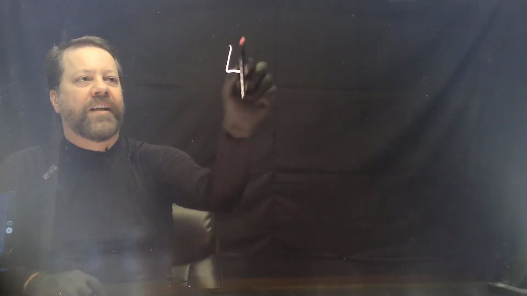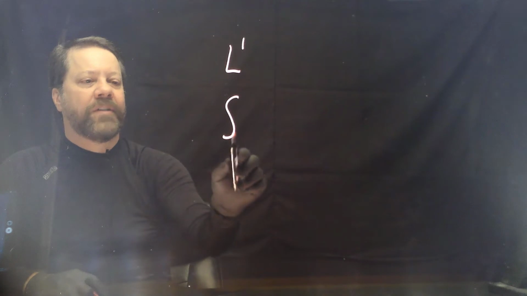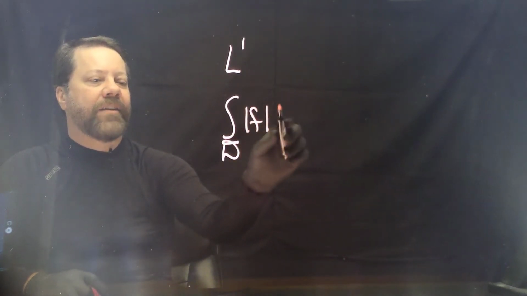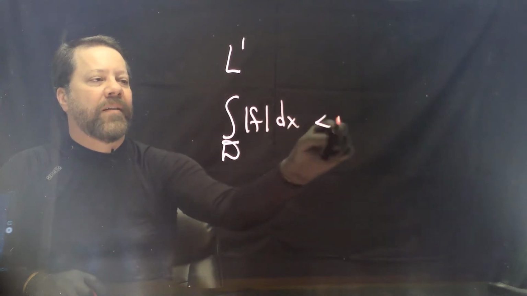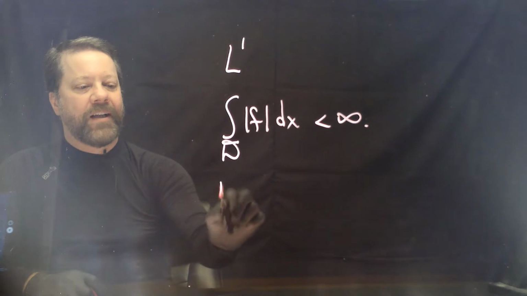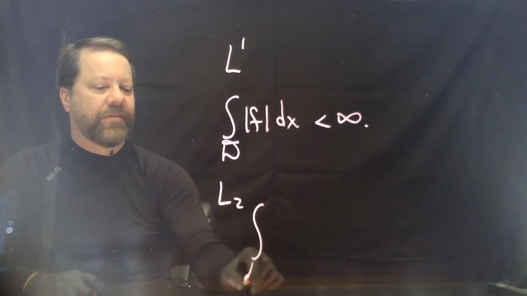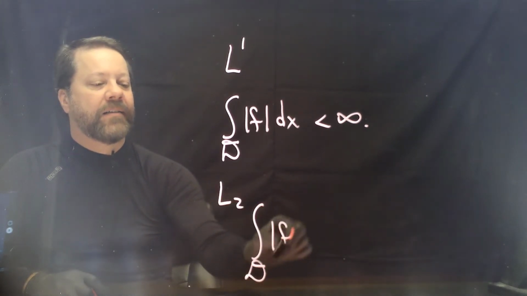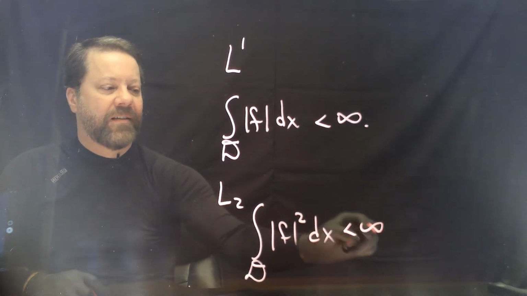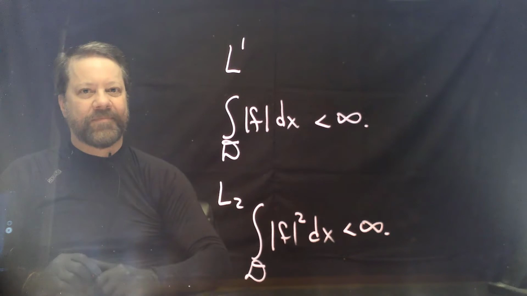Functions are in L1 if the integral over the domain that you're working on of the absolute value is finite. They're in L2 if the integral over some domain that you're interested in of the absolute value of the function squared is finite.